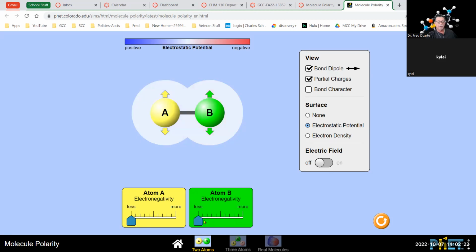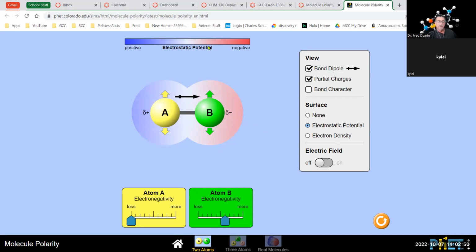Also notice the partial designation is pretty small right now, but as we increase the electronegativity, you can see it increase. So we've got a partial negative on the right, partial positive on the left, and then the dipole arrow shows up. Right now it's pointing toward B because we told it that it has a higher electronegativity.